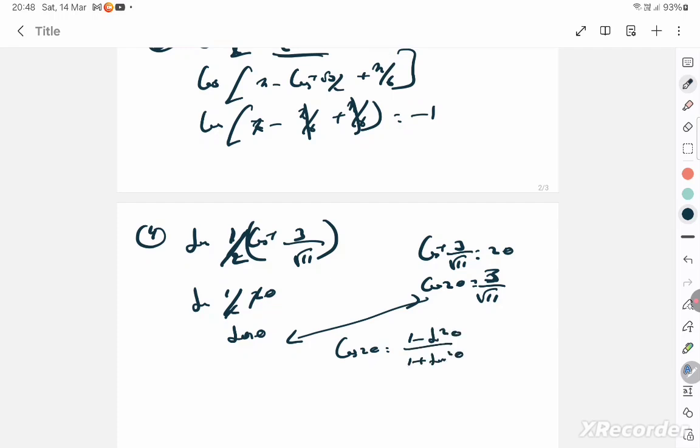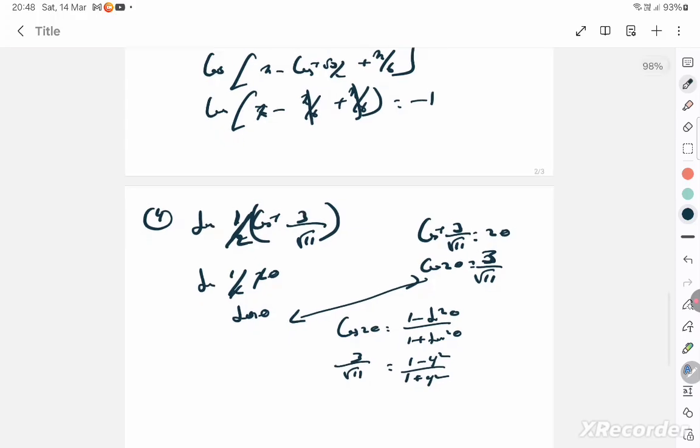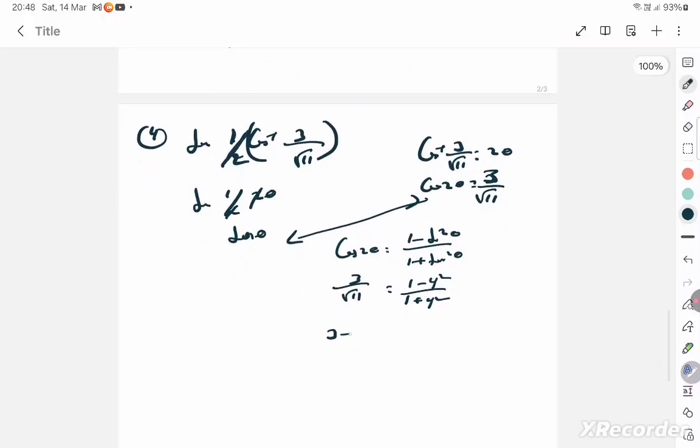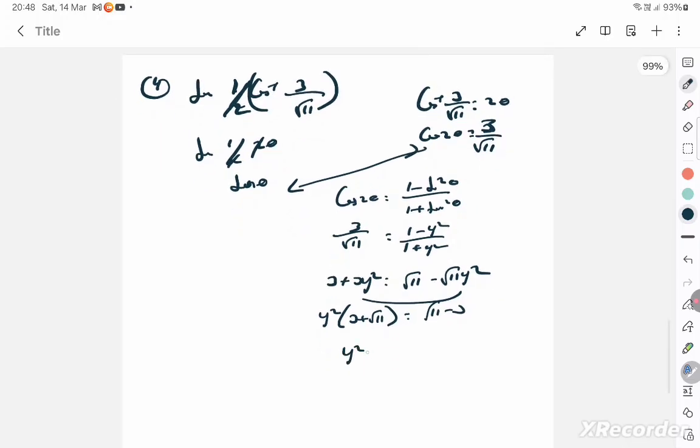And cos 2 theta itself is 3 by root 11, equal to 1 minus y square by 1 plus y square. Just cross multiplying, you get 3 plus 3y square is equal to root 11 minus root 11 y square. Taking the y square to the other side, it's 3 plus root 11 y square is equal to root 11 minus 3. Ideally, y square is therefore root 11 minus 3 by root 11 plus 3.